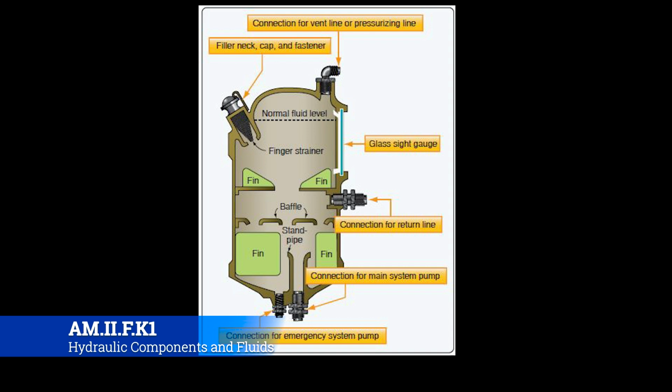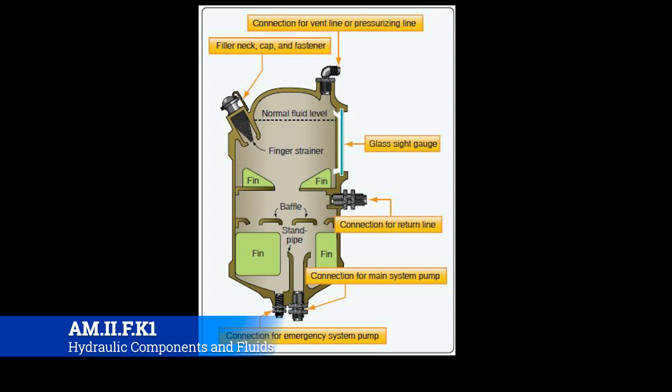But if it fails, there's a hand pump, so you can hand pressurize the hydraulic fluid and get everything to work by simply hand pumping the airplane. That is a type of emergency hydraulic system that could be employed. So just know that is a thing.